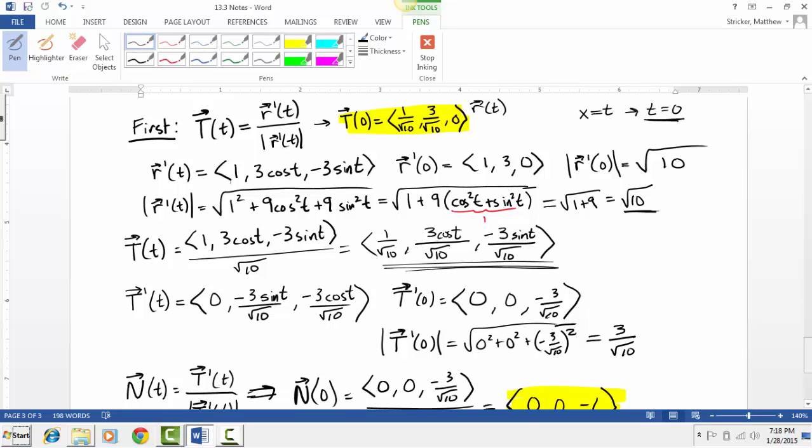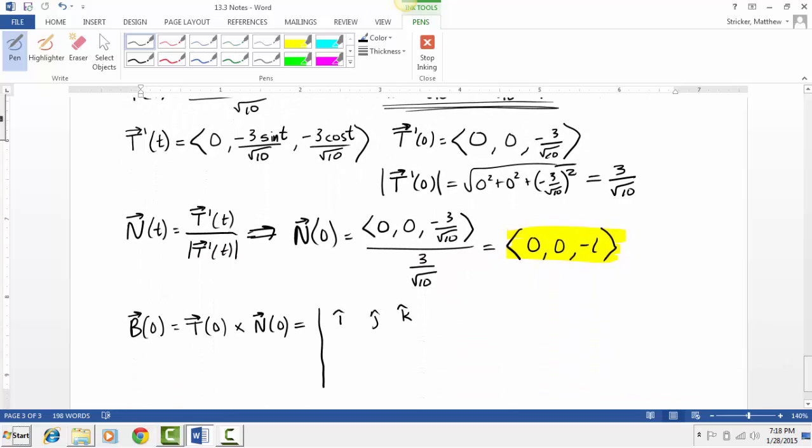So let's write that in the second row of this matrix. It's 1 over root 10, 3 over root 10, and 0. And then N of 0 we just found, that was 0, 0, negative 1.